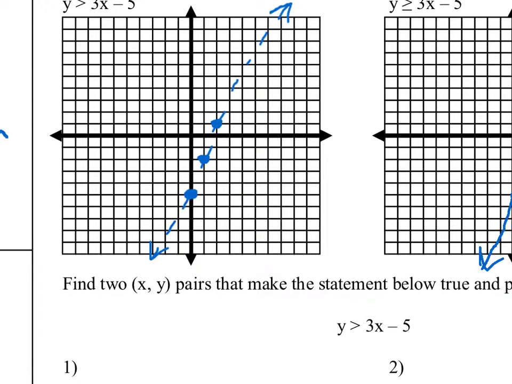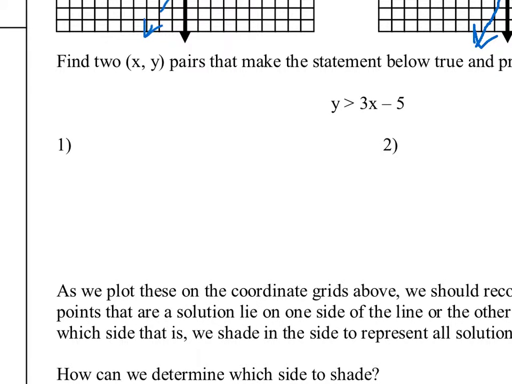You're going to pick a point. I'm going to start with this point here, 4, 2. And you're going to plug it into the inequality, and you're going to see if it works. So I'm using 4, 2.